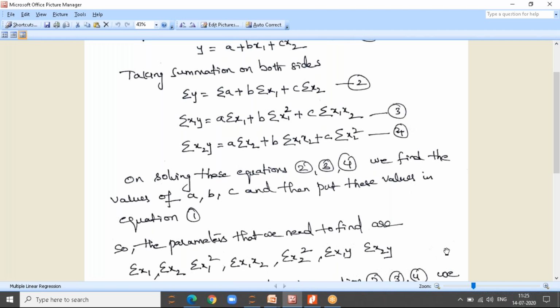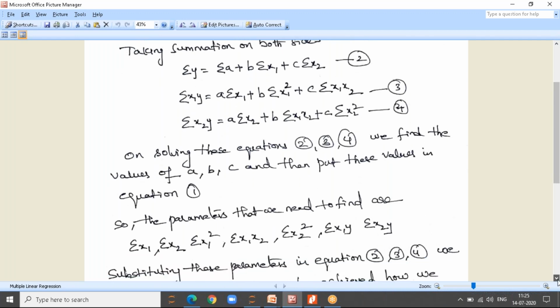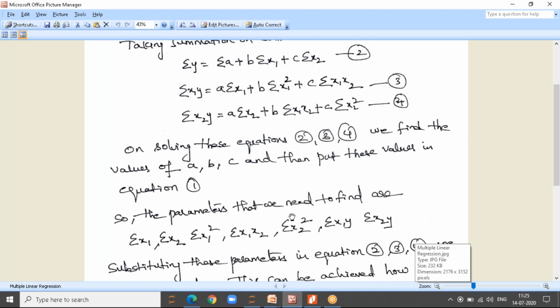So these are all the parameters that I require in order to find a, b, c. That is the reason in my slide I have shown that I need to compute all these values. When I compute them and substitute them in these equations, I am able to find the values of a, b, c.